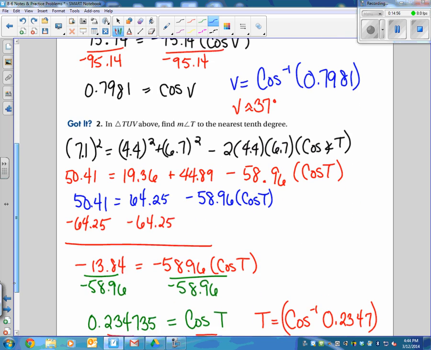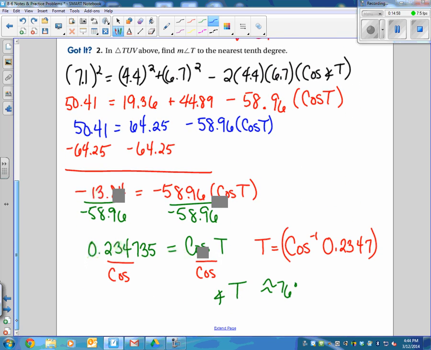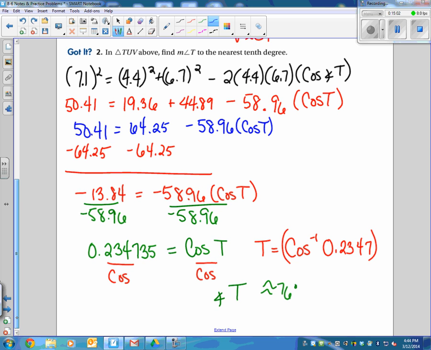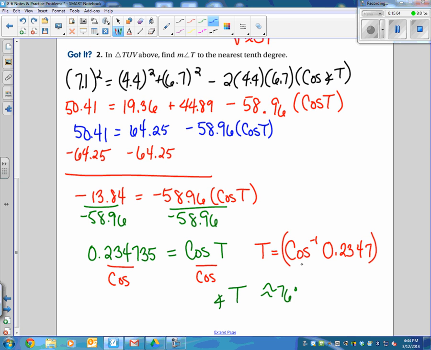Okay. Now remember, when you're looking for angle measurements, you're going to do the inverse sine, inverse cosine, or inverse tangent. So it makes sense that when we get to the point where we have a decimal and we're looking for a degree, that we use the inverse. When we're looking for a missing side, we use cosine, sine, and tangent.